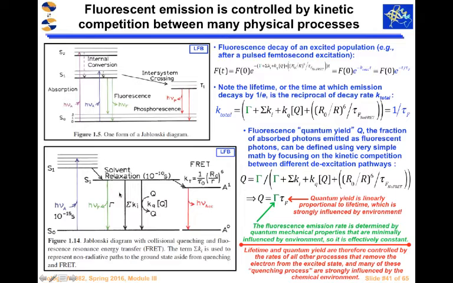The relative yield of fluorescence, which we call the quantum yield, is just going to be given by that kinetic partition ratio. So the quantum yield is the fraction of absorbed photons emitted as fluorescent photons, right?